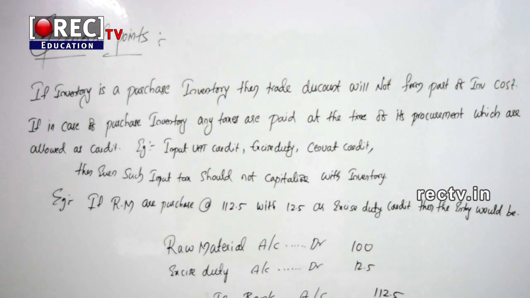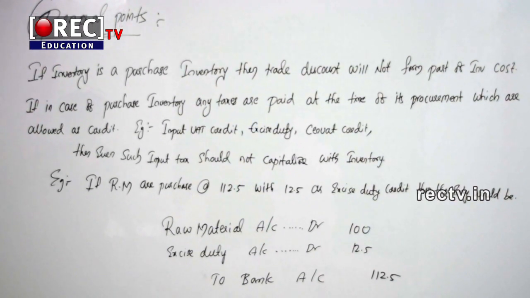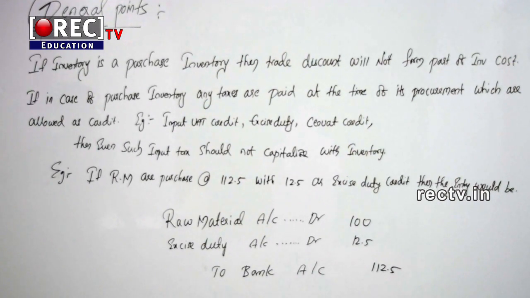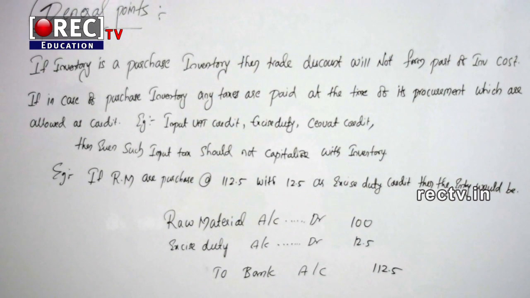Now let us see some of the general points. If inventory is purchased inventory, then trade discount will not form part of the inventory cost. And in case of purchased inventory, if any taxes are paid at the time of its procurement which are allowed as credit, for example input VAT credit, excise duty, CENVAT credit, then even such input tax should not be capitalized with inventory. Now let us see one example.